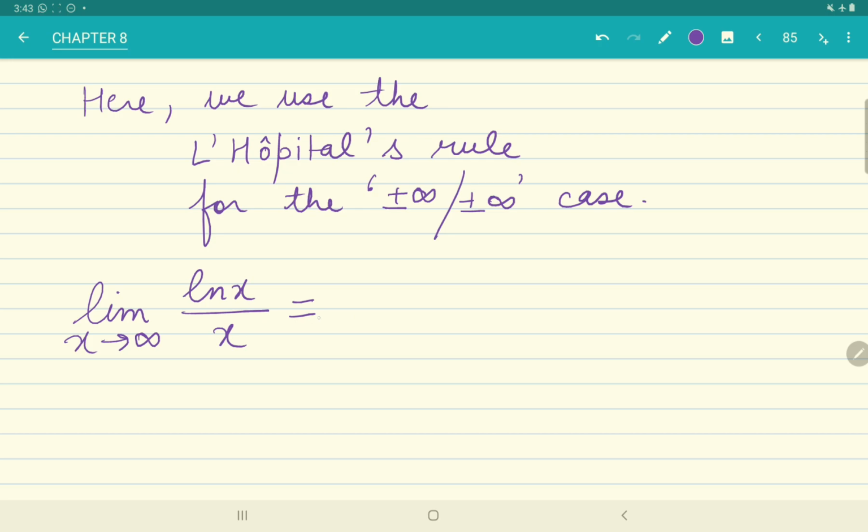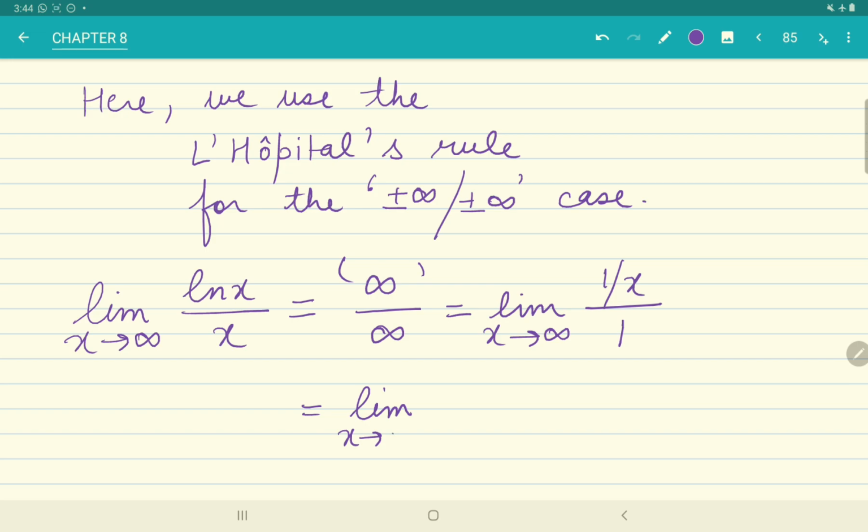This is the infinity by infinity case, and that means I can apply L'Hopital's rule. If I differentiate ln x with respect to x, I get 1 by x. I differentiate x with respect to x, I get 1. So I have the limit as x tends to infinity of 1 by x, and that gives me 0.